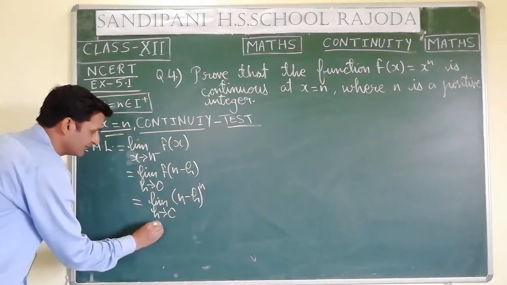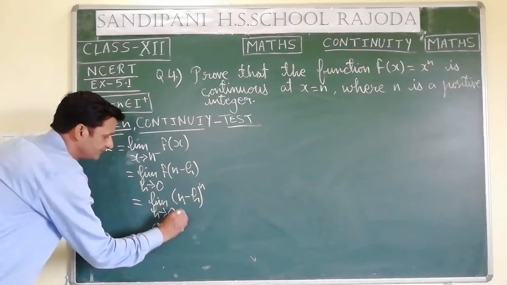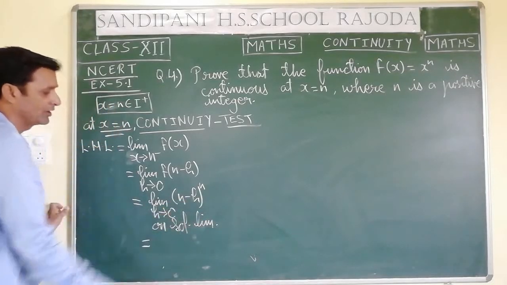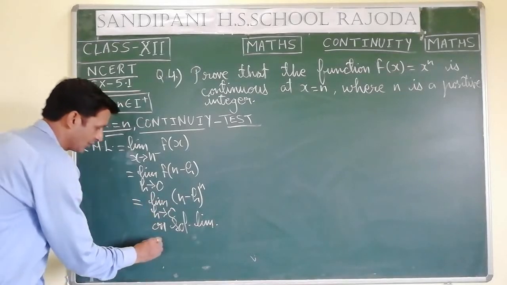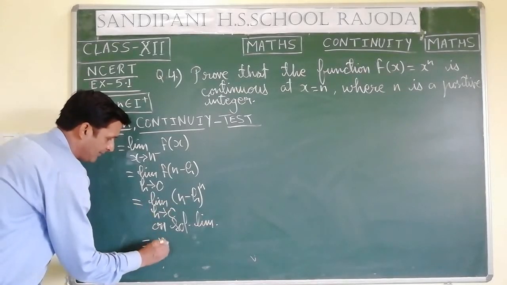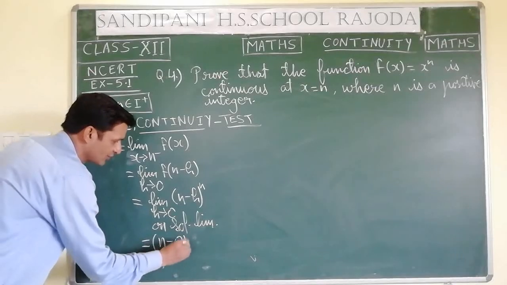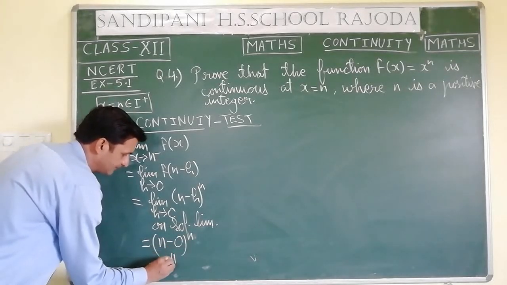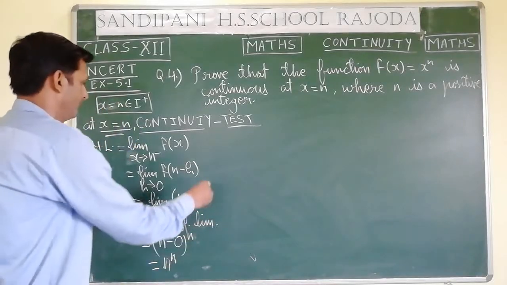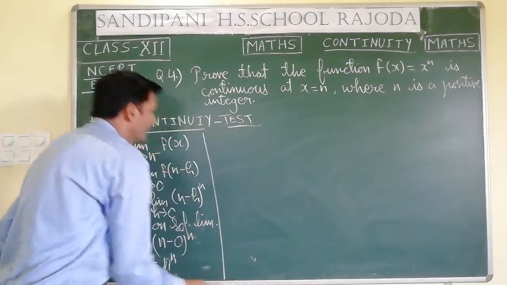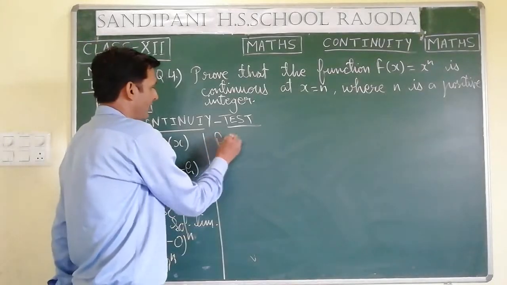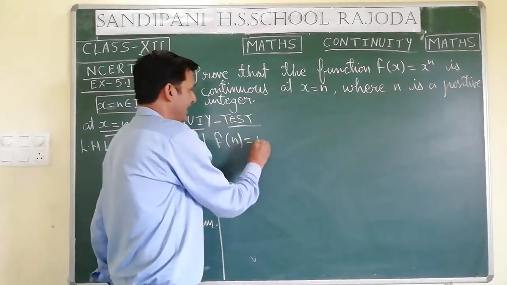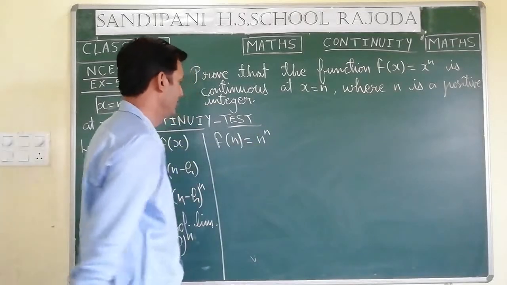On solving the limit, we have to put the value of h as 0 here. So it will be n minus 0 whole raised to the power n, that is equal to n raised to the power n. Now f of n we have to find, meaning in place of x we directly write n. So n raised to the power n.